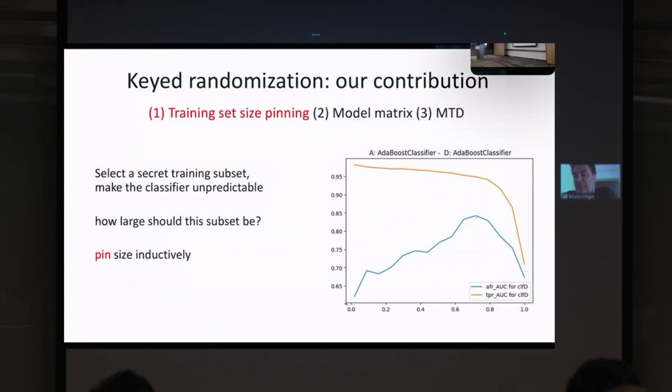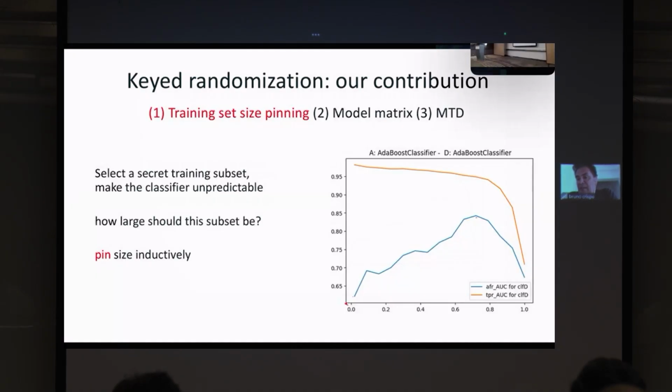We start from this point. This point means that we consider the full training set. Okay, 0, 0 means that all the training set is used to train the classifier. And we see what the value of the AFR is.